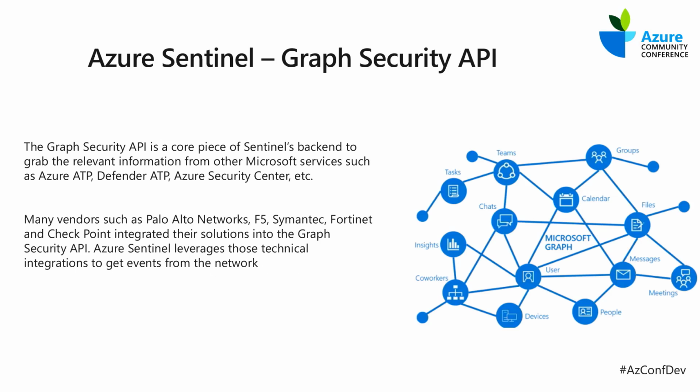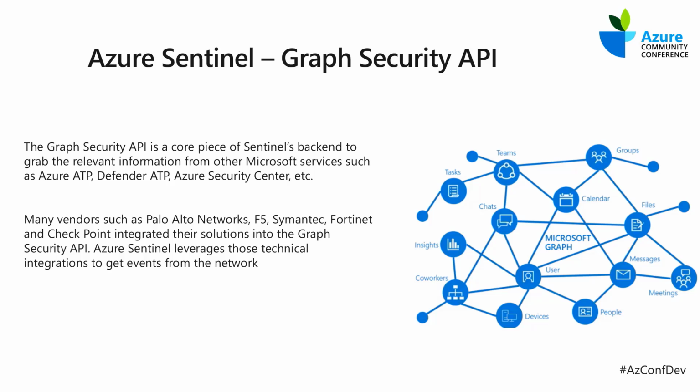Now, Sentinel also makes use of the Graph Security API, and it's a very important concept when it comes to Sentinel. In simple words, the MS Graph is used to access the data.